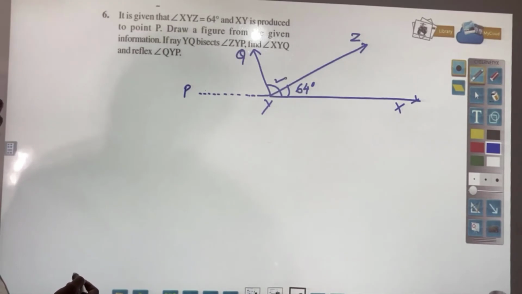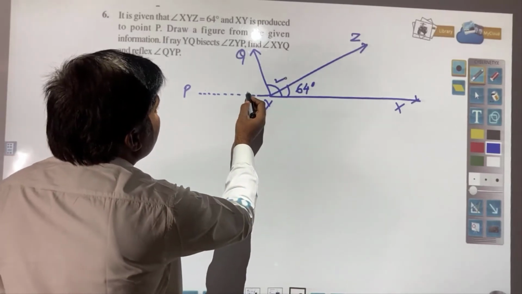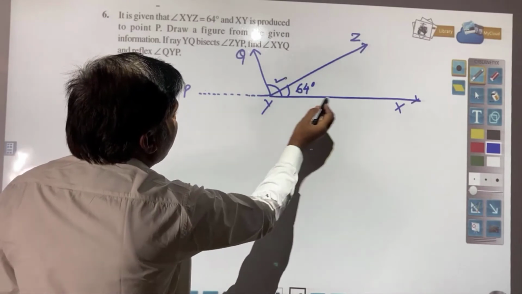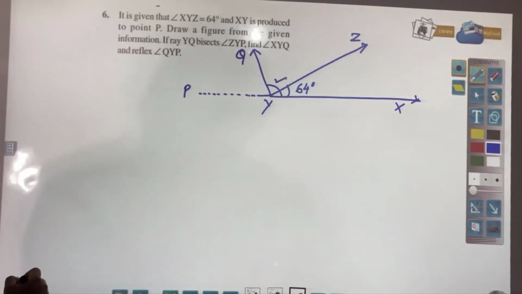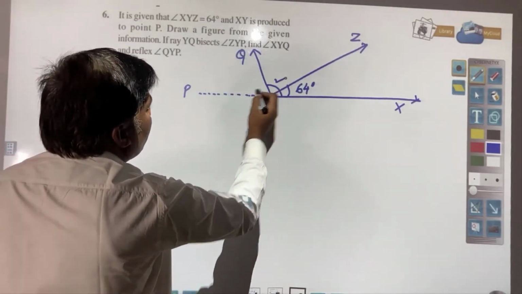It has been given that XYZ is equal to 64 degrees, and this total angle PYX will be 180 degrees. YQ is bisecting ZYP, which means both the angles will be equal.